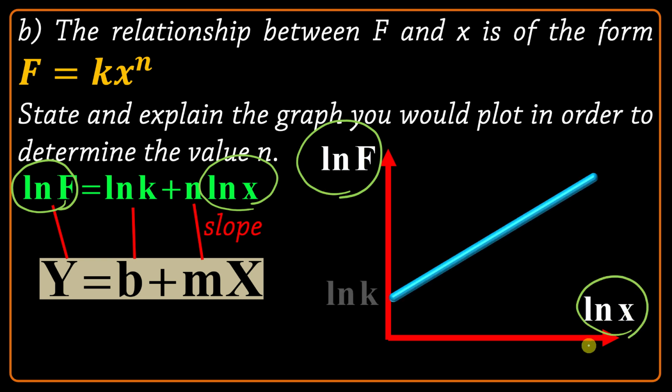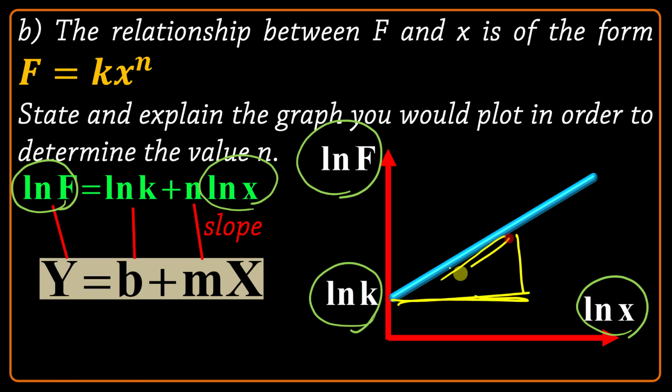It will start from ln of k, and it's an ascending line. The slope also will be n. If I establish a right triangle here, I can find the slope of this line, which is exactly the value of n. This is the strategy I may use, linearization.